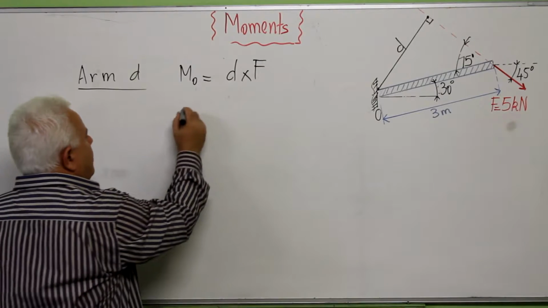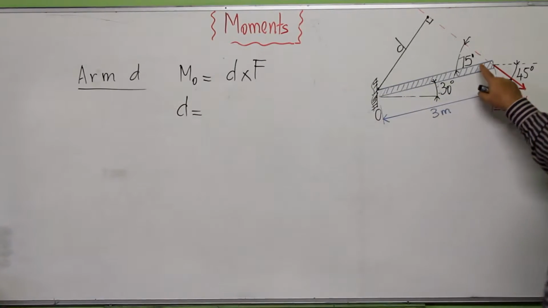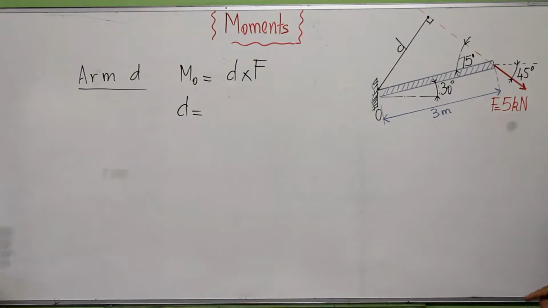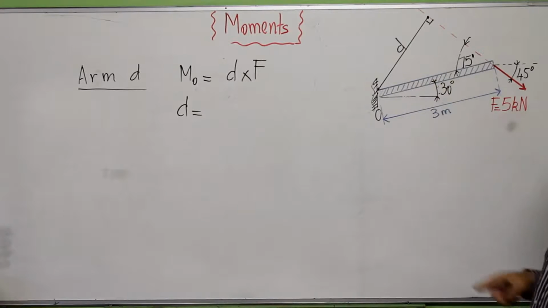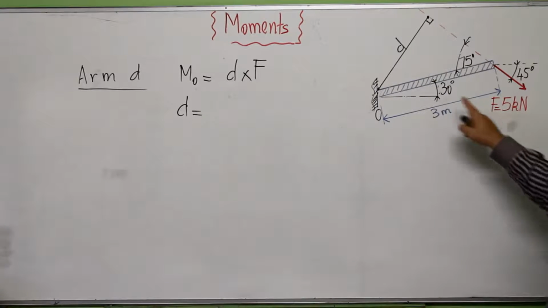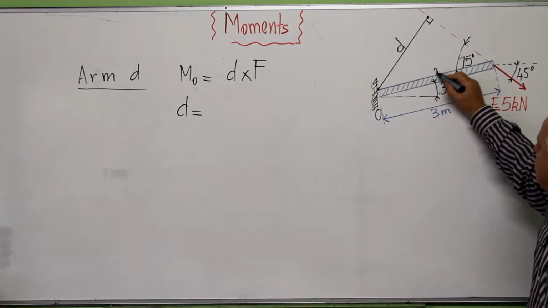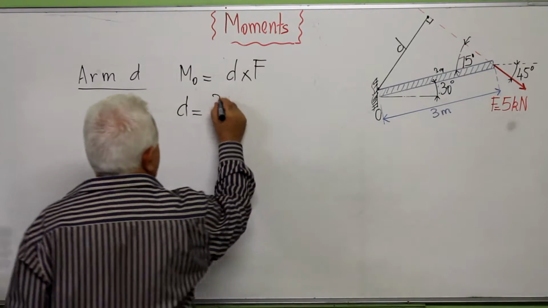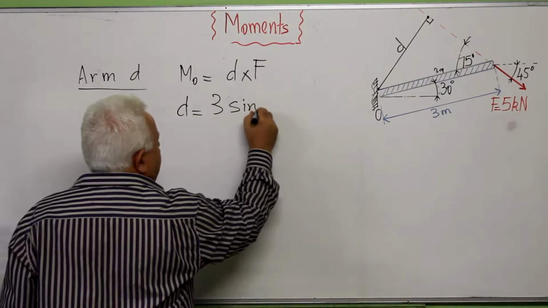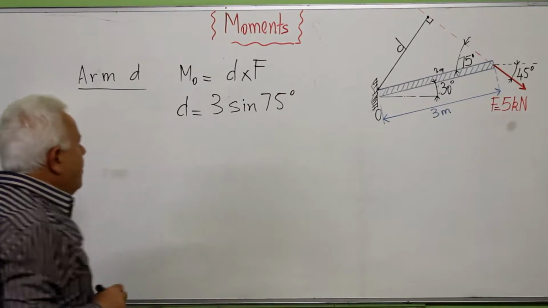Now, what's D? I have the angle 75, and D is opposite to 75, and this distance here is 3 meters, so it's 3 sine 75 degrees.